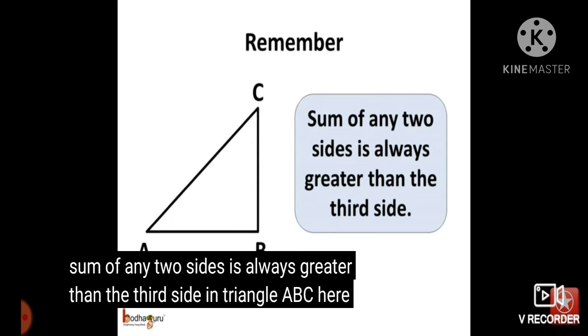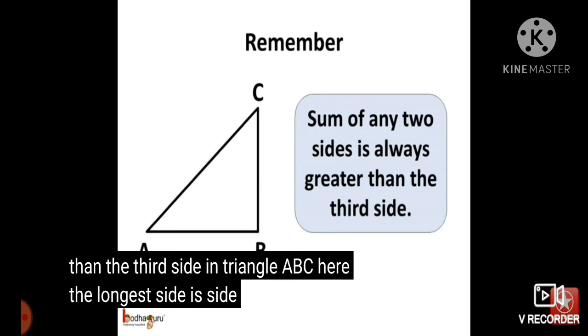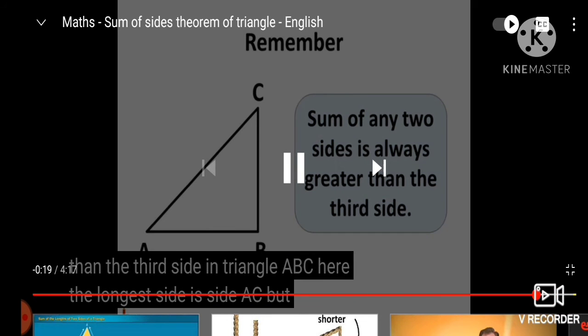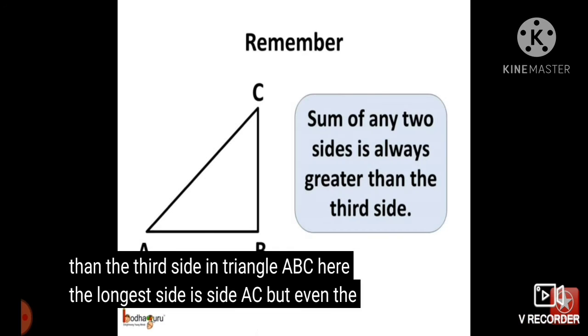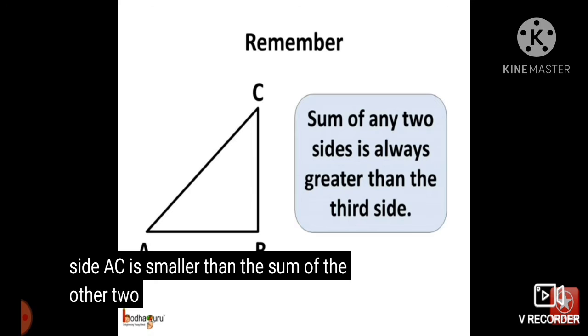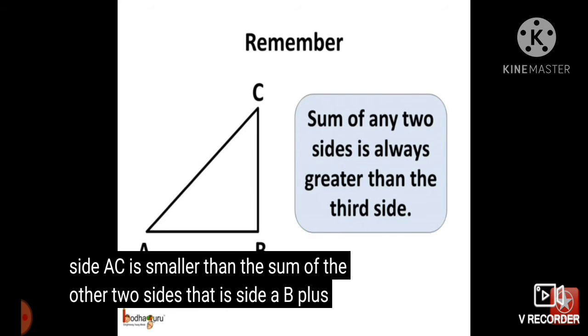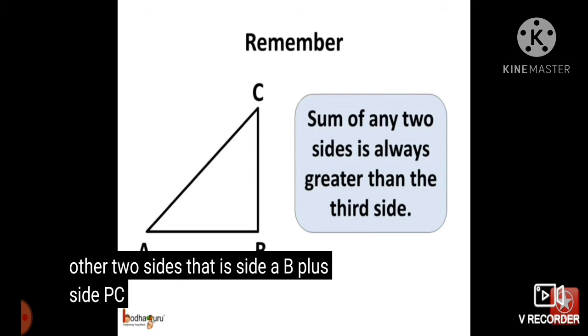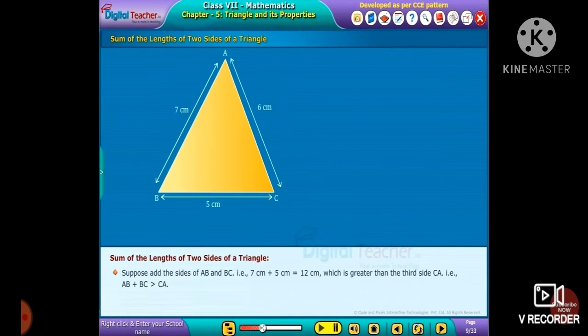In triangle ABC here, the longest side is the side AC, but even the side AC is smaller than the sum of the other two sides, that is side AB plus side BC. So here, see the sum of the lengths of two sides of the triangle. AB, BC, CA are the three sides of the triangle here.